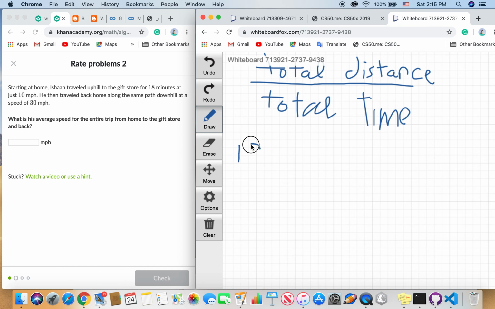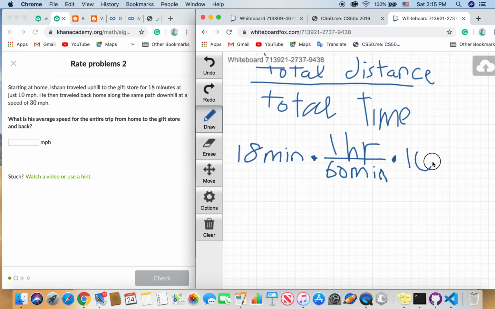So 18 minutes, and since it's miles per hour, we multiply by 1 hour over 60 minutes, which is equal to an hour. And then I'm going to multiply this by 10, the speed. And then what do we get? Minutes and minutes are gone now.